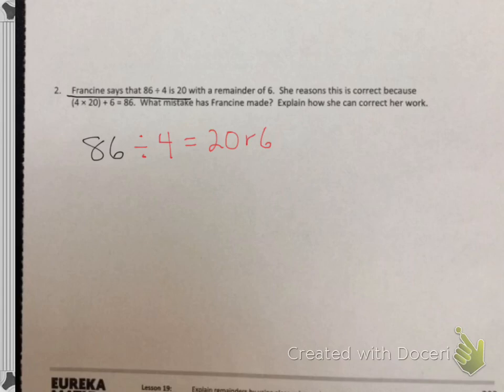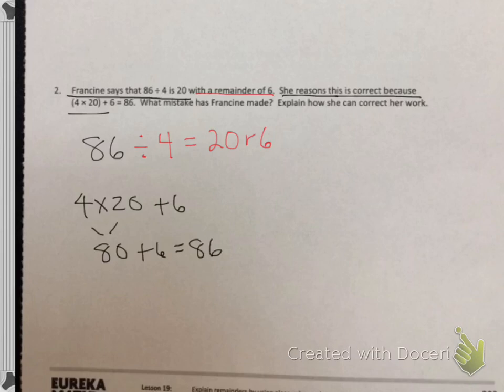Okay, a remainder of 6. She says that it's correct because 4 times 20 equals 80, and then we add 6 and we'll get 86. So it's got to be right. 20 with a remainder of 6.